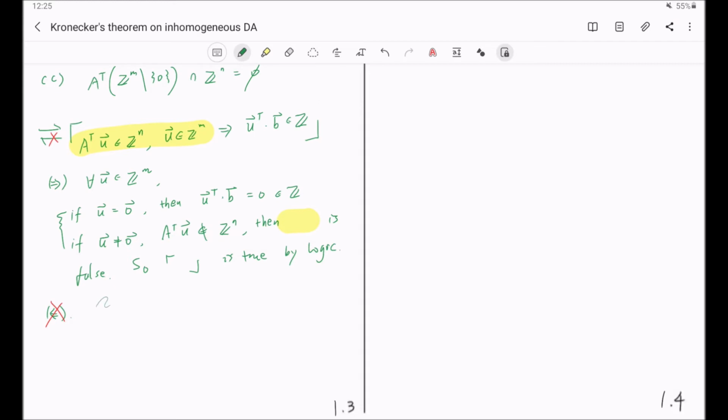You consider a case when m is equal to 2 and n is equal to 1. And you let A to be the 2 by 1 matrix with 2 entries, 1/2 and 1. And you take B to be just a 0 vector.